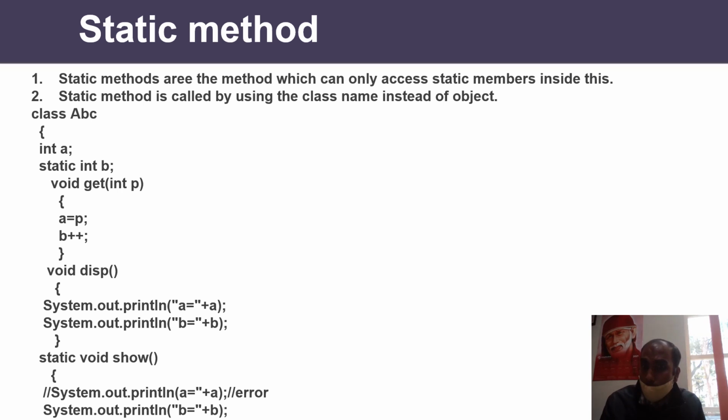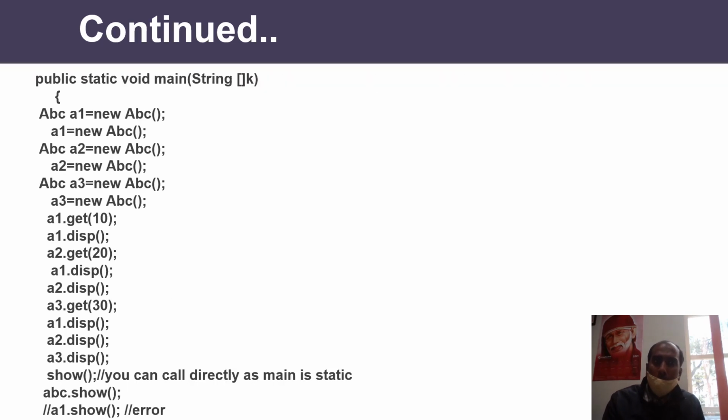Inside a static method you can only access what? Static members. That's why that was an error. At the time of calling, I have called show directly, because main is also static and you can directly call a static method inside a static method, or you can use the class name instead of an object. The rest remains the same.